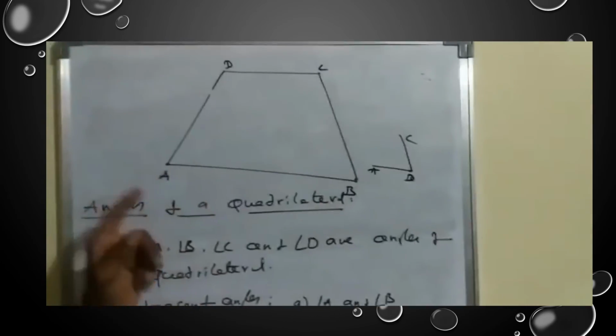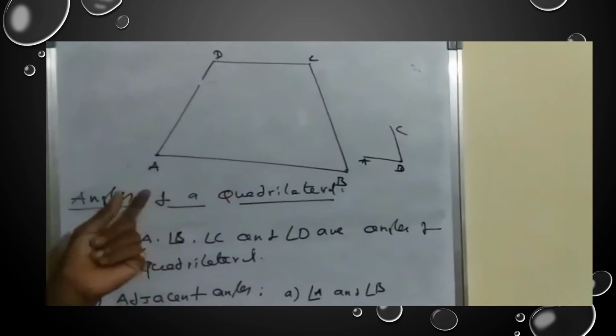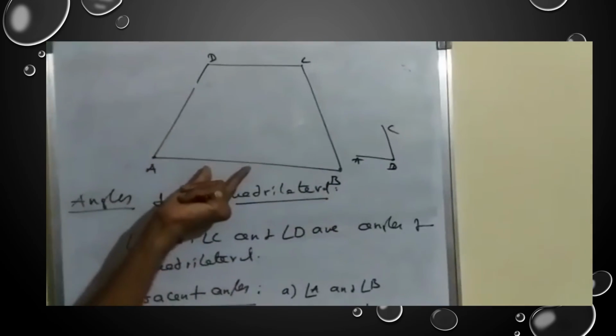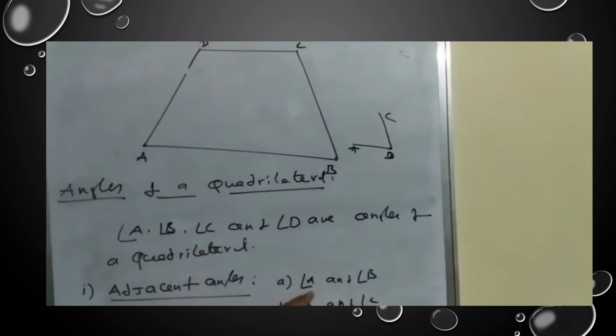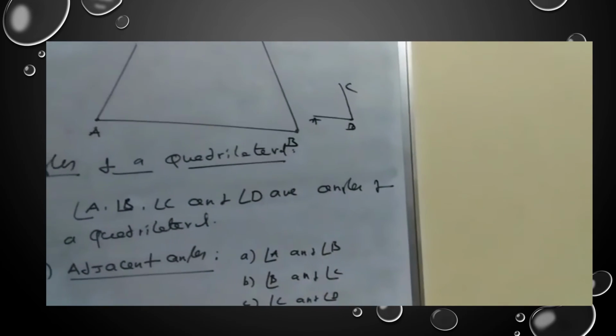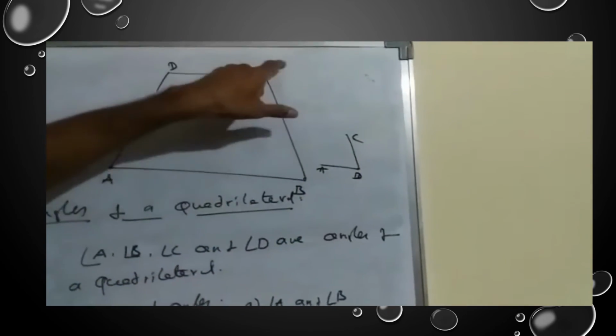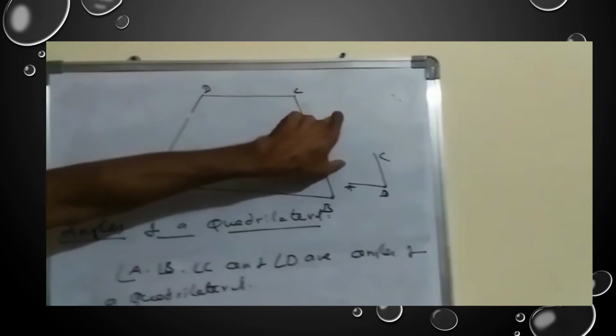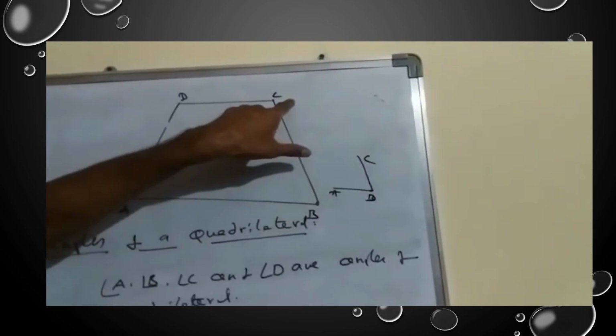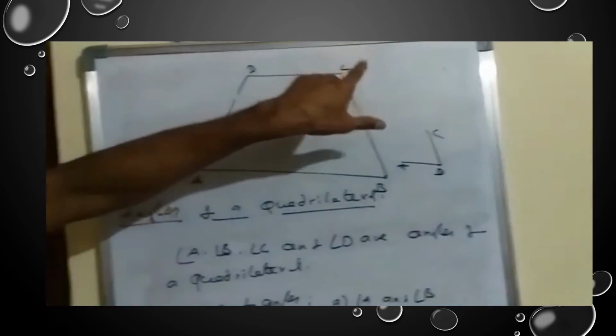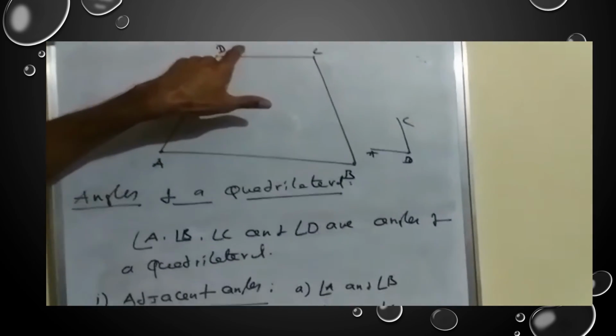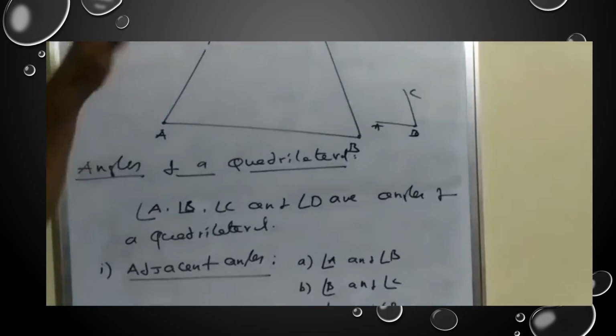Angle A and angle B have a common side. That is why angle A and angle B are adjacent angles. B and C also have a common side, so they are adjacent angles. Like that, C and D are also adjacent angles, and D and A are also adjacent angles.